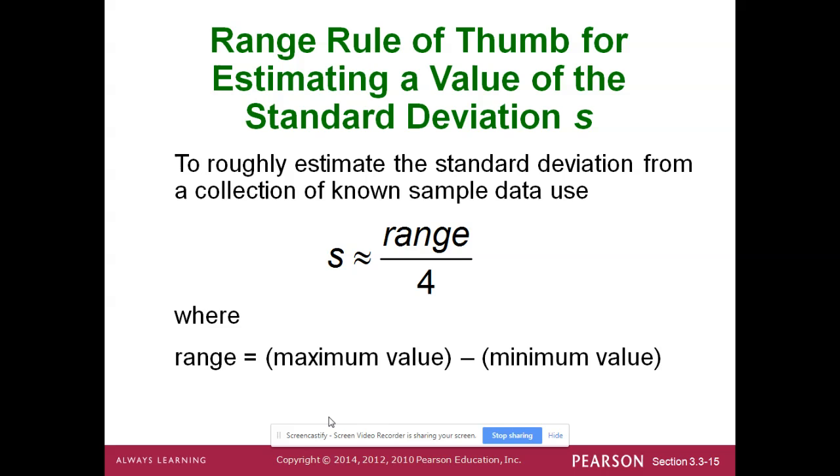Remember, range is maximum minus minimum from our data. So if I ask you to estimate the standard deviation, this is how you're going to do that. Range divided by 4, for estimating the standard deviation.